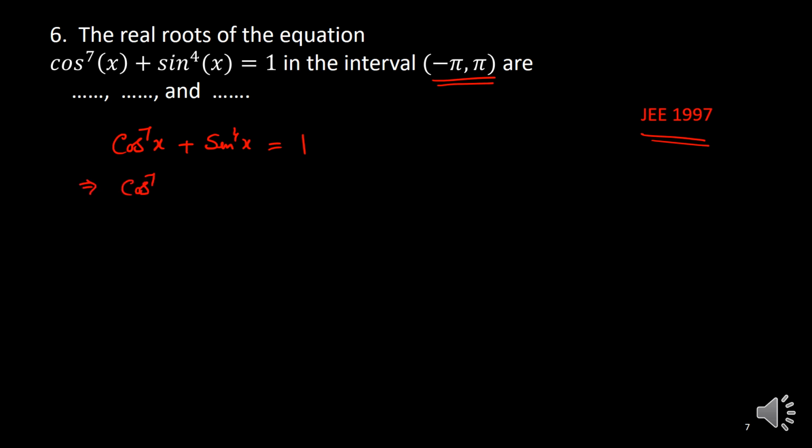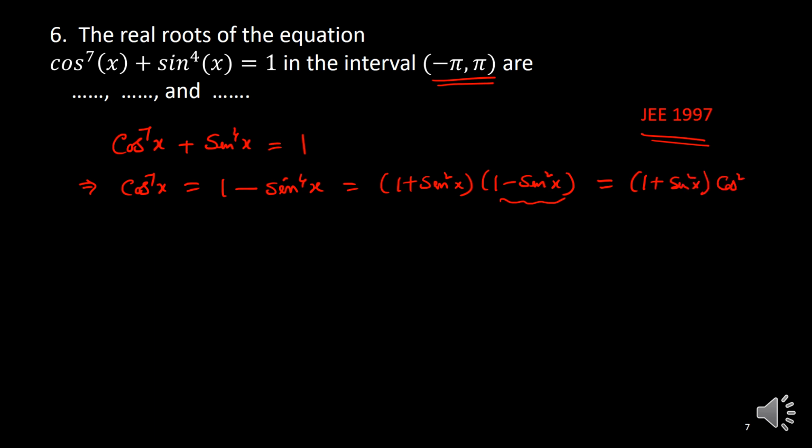So cos to the power 7x, and this one on the right side I can write as 1 minus sin to the power 4x. So this one I can factor as a square minus b square: 1 plus sin square x and 1 minus sin square x, and 1 minus sin square x, as you know, equals cos square x, so I can replace it. So 1 plus sin square x into cos square x.